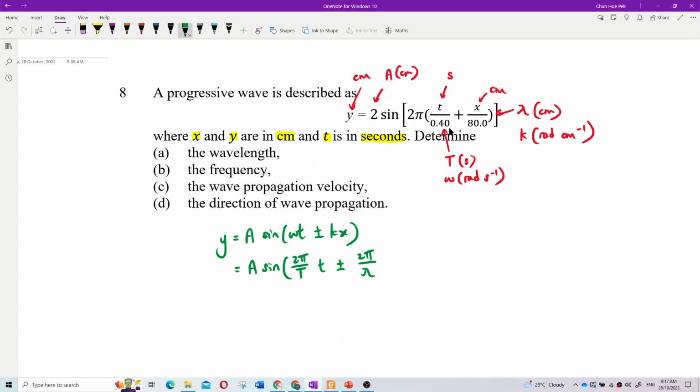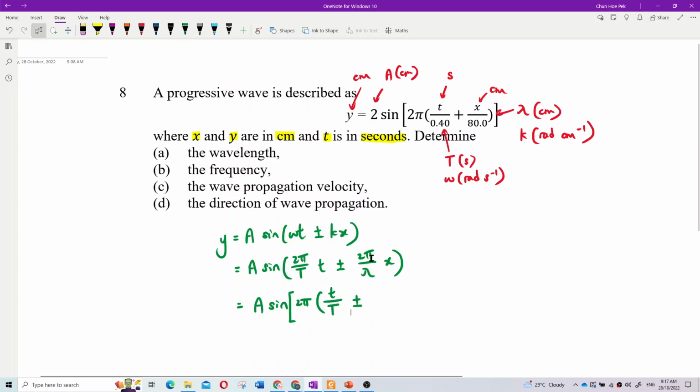Then in A sine we have 2 pi in both terms, so we can factor out the common 2 pi, leaving period below in one term and 1 over lambda in the other.